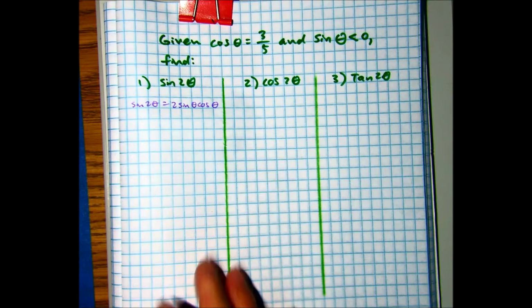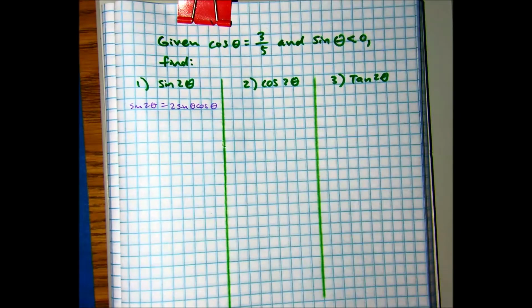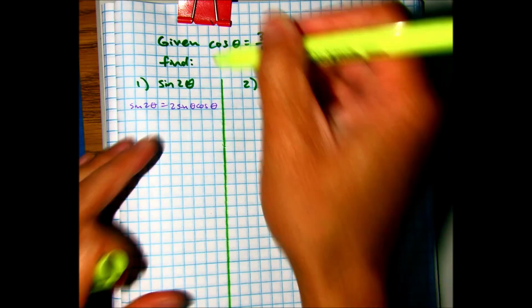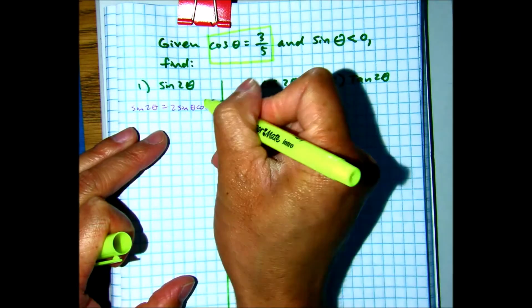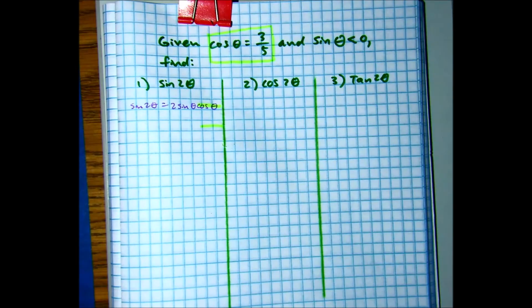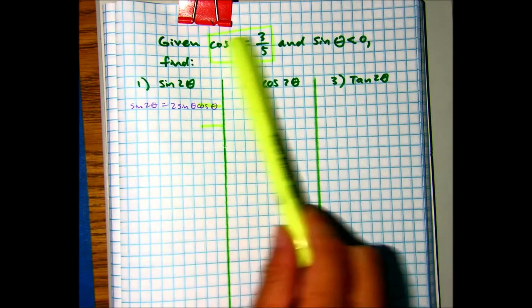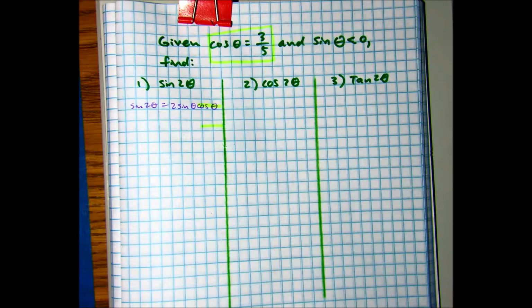Okay. In order to simplify this, I need cosine, which we have, and I need sine. Class, in our given information, do we have sine? You might need to use the other identities.